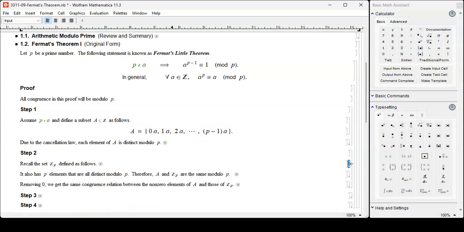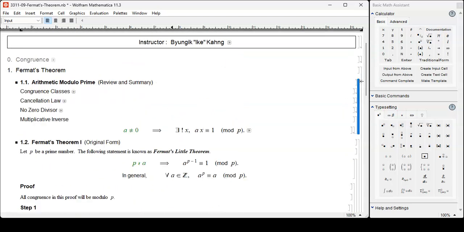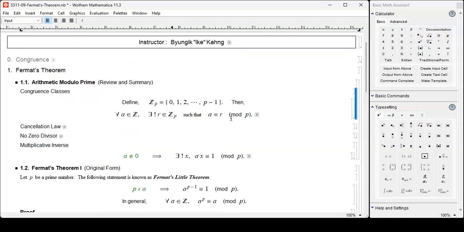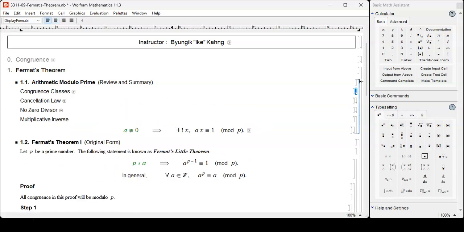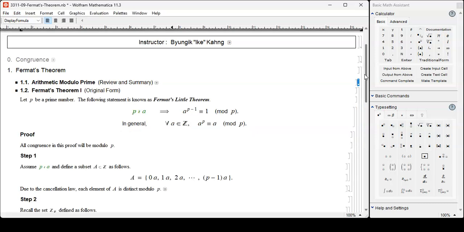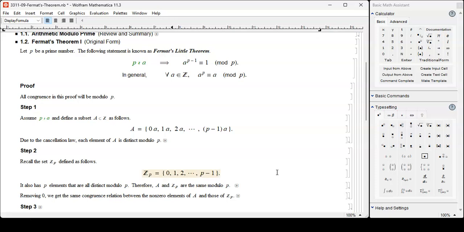That's Zp. And we went through that already. Zp just gives you the congruence classes, the remainder classes, through the division algorithm. So Zp consists of p integers. They are all distinct from each other modulo p.